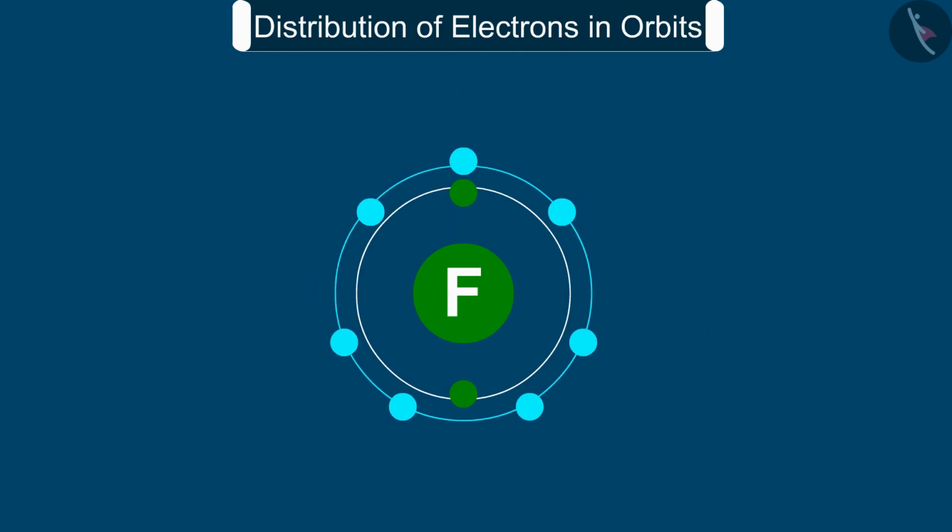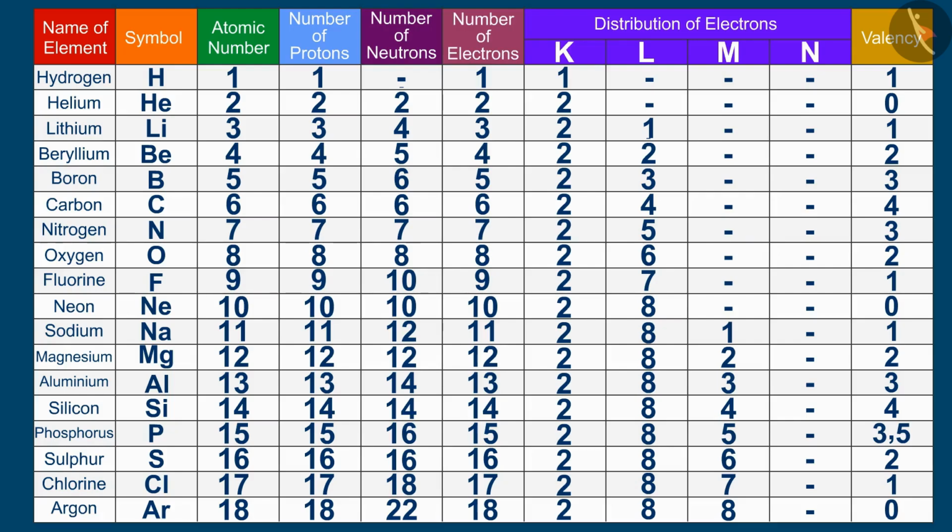But it is easier for fluorine to gain 1 electron instead of losing 7 electrons. Hence, its valency is determined by subtracting 7 electrons from the octet, and this gives you a valency of 1 for fluorine. Therefore, we can say that an atom of each element has a definite combining capacity called its valency.